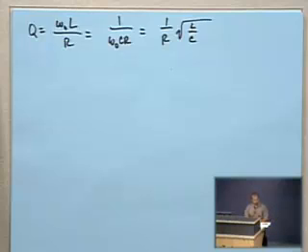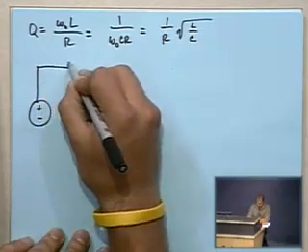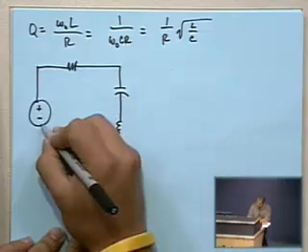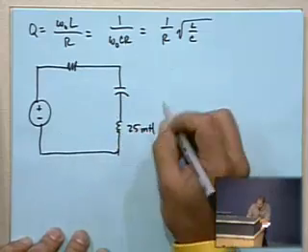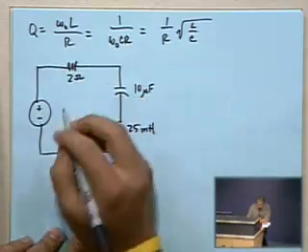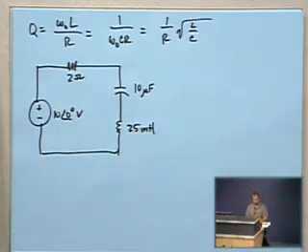Okay, in the way of a quick example, here is a series RLC circuit: a 25 millihenry inductor, a 10 microfarad capacitor, a 2 ohm resistor, and a voltage source of 10 at an angle of 0 degrees volts.